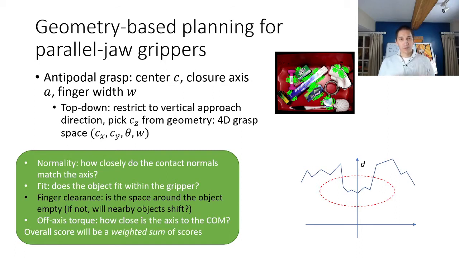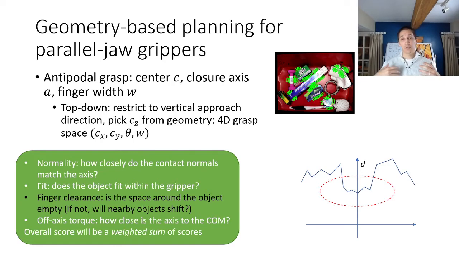Essentially what I want to do, if I think about looking at the plane through my antipodal grasp, I want to look for a feature in terms of distance that looks like this. So distance is basically the negative of height. And so what I want to look for is a spike in the height with two pits of the height where I can fit my fingers into. So essentially a feature that looks like this in the depth axis.